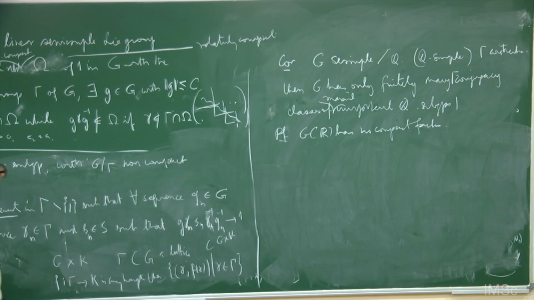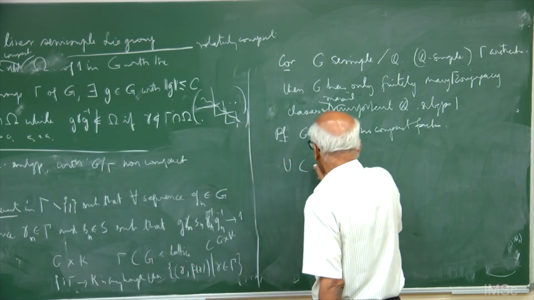Now, we start with U in G(R) a unipotent subgroup.